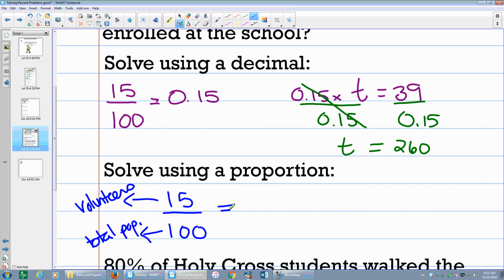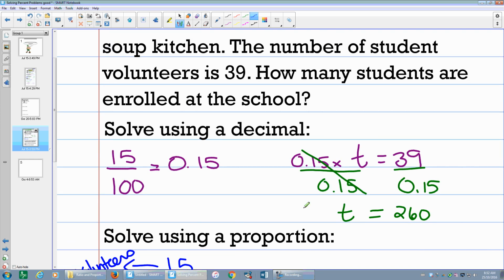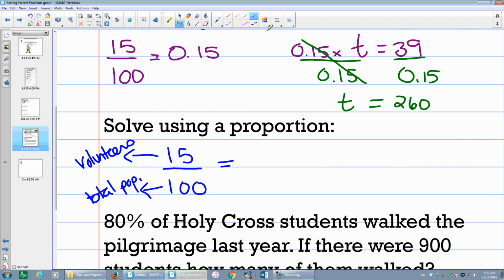So when I set up my proportion, I go back up here and look at what information they give me. Well, they give me 39, and 39 is the number of student volunteers. So when I look at my ratio here, volunteers go on the top, so I'm going to put 39 on the top. And now I'm actually solving for my bottom piece.